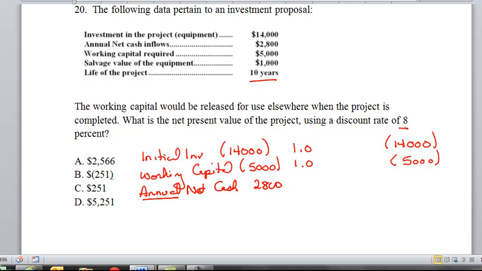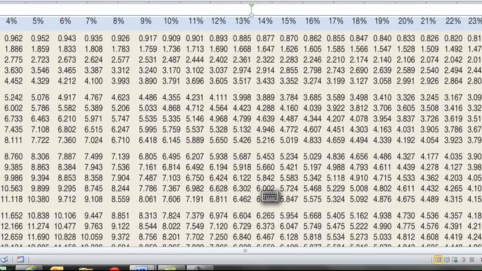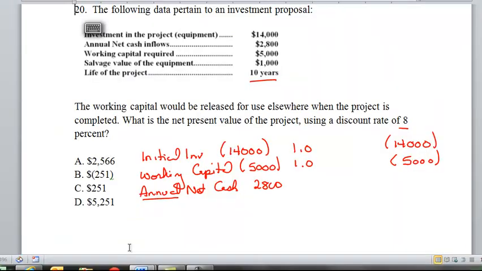So as soon as you say annual again, that means annuity table. So if we look at the annuity table for 8%, and we're looking for 10 years, it gives us a factor of 6.710. That's $18,788.